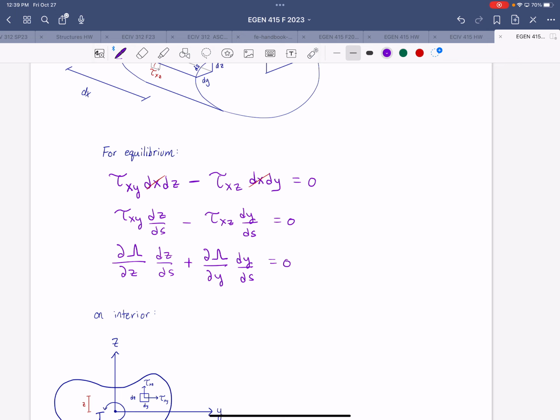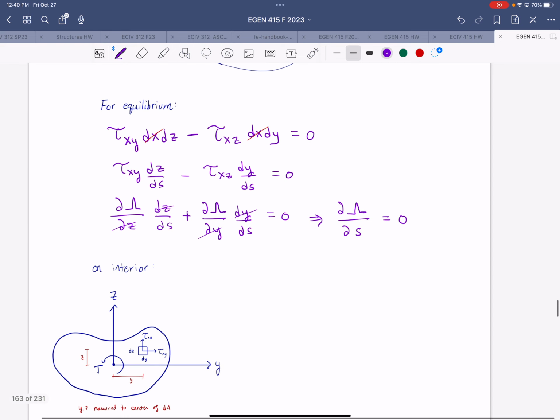So now we've got our dy's and dz's canceling out. So we can conclude that the partial derivative of lambda with respect to the circumference, the outer edge at least, is equal to 0.